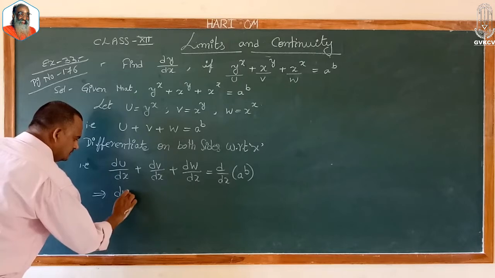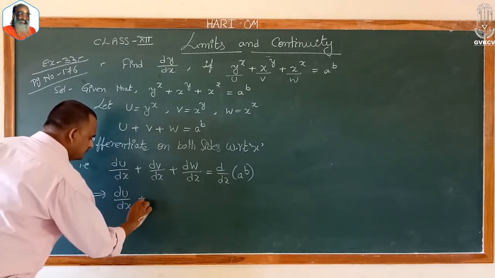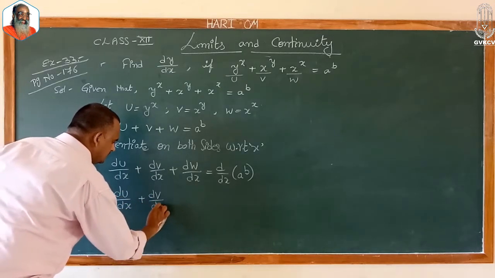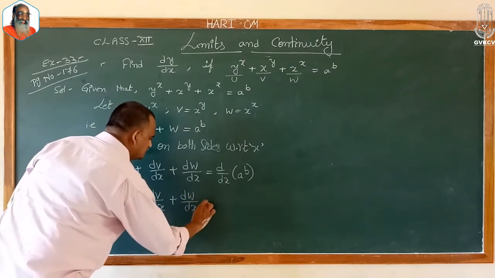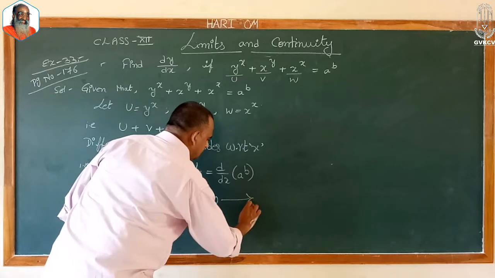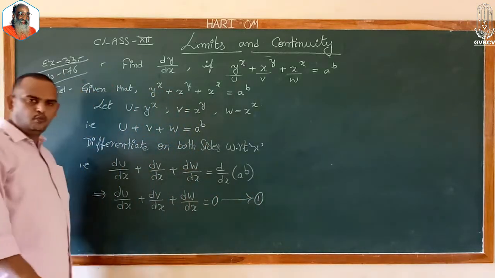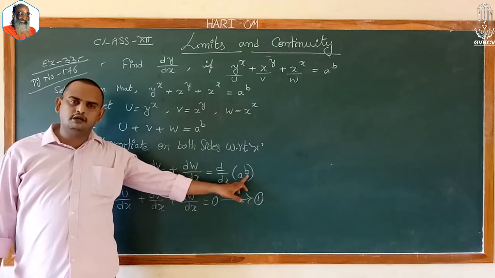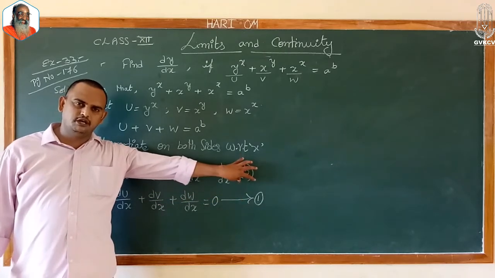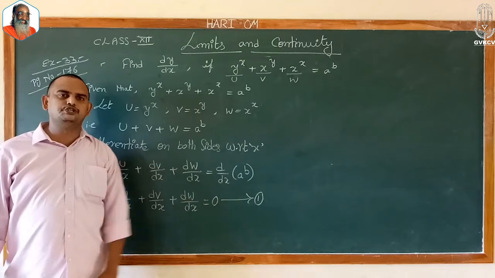That implies du/dx + dv/dx + dw/dx = 0. Now this is equation number 1. Why here we have 0? Because here a and b both are constants, so the derivative of a constant is nothing but 0.